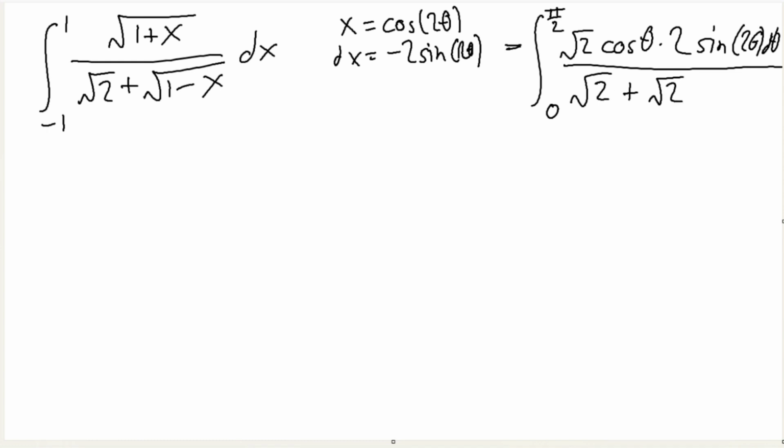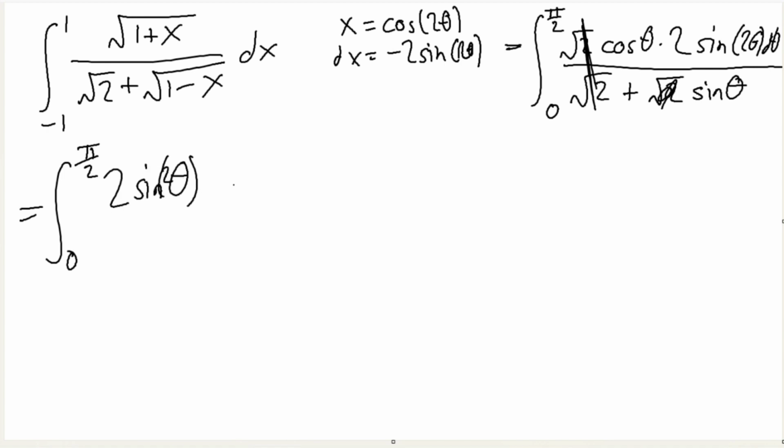So we will have root 2 sine theta. These root 2 cancels out. So from 0 to pi over 2, we're left off with 2 sine 2 theta cosine theta over 1 plus sine theta.